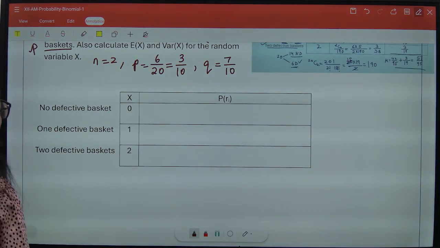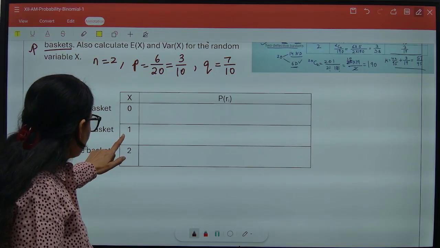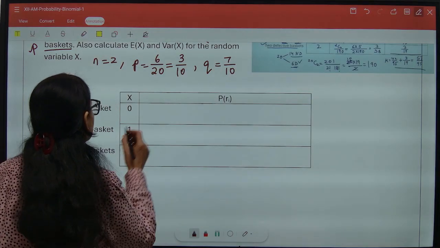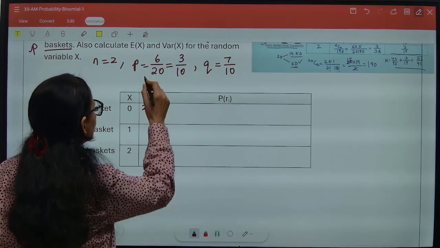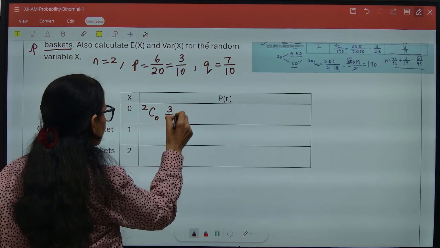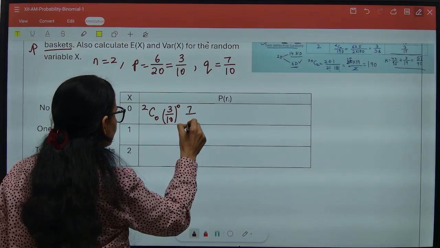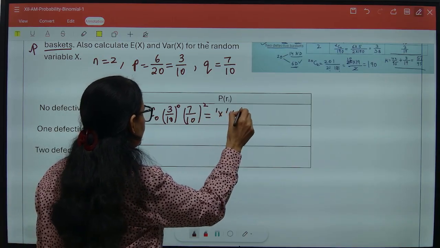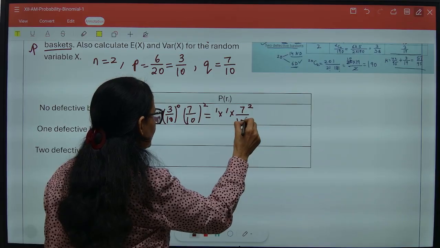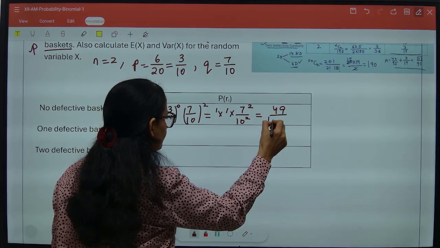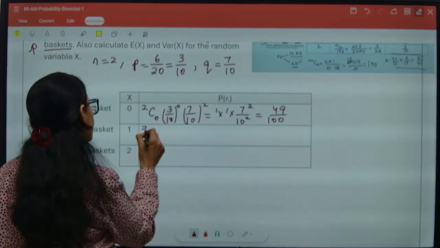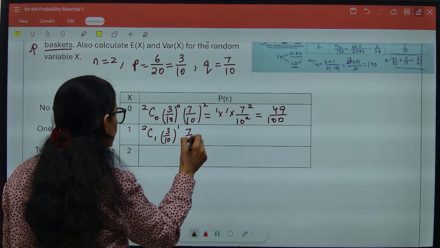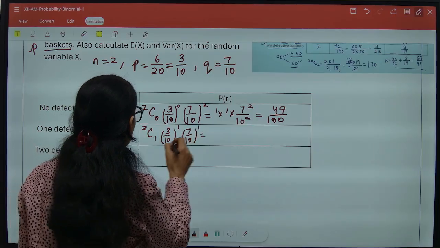So it is possible that out of 2 baskets, none of them is defective, 1 is defective or both are defective. So let's find the probabilities. It is 2C0, (3/10)^0, (7/10)^2. 2C0 is 1, so 1 into 1 into 7 square upon 10 square, that is 49 by 100. Next, 2C1, (3/10)^1 and (7/10)^1. 2C1 comes out to be 2.